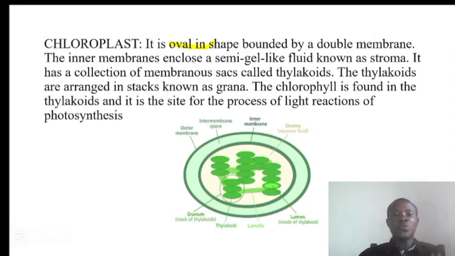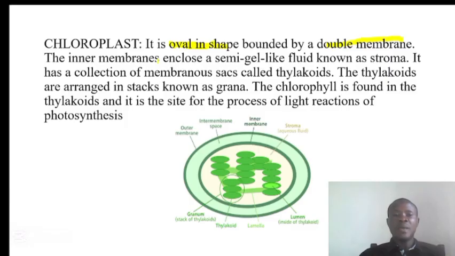And we have the chloroplast on this slide. It is oval in shape, just like the mitochondrion. It is bounded by a double membrane. But in here, the inner membrane is not folded to form cristae, just like we have in the mitochondrion.